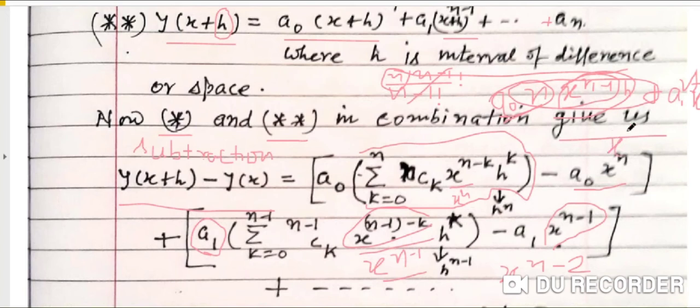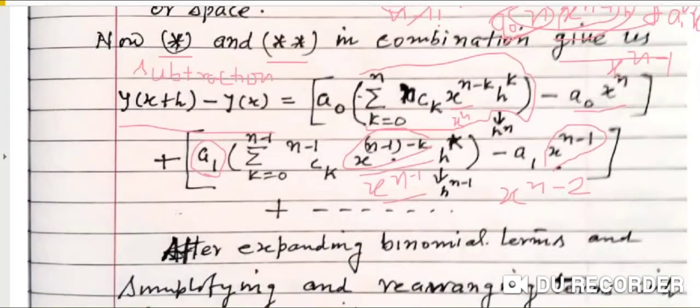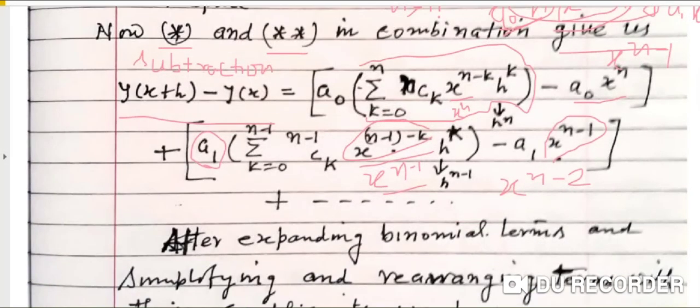This will start from x n minus 1. The next term will give you what? X to the power n minus 3. In this way, this will continue. I have shown only two terms after expanding the binomial terms.